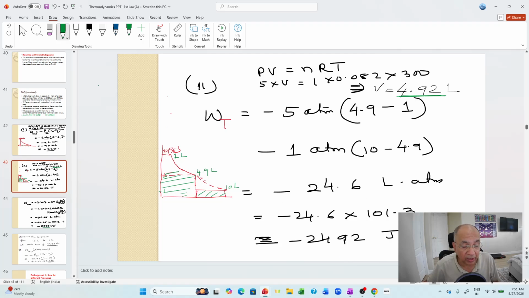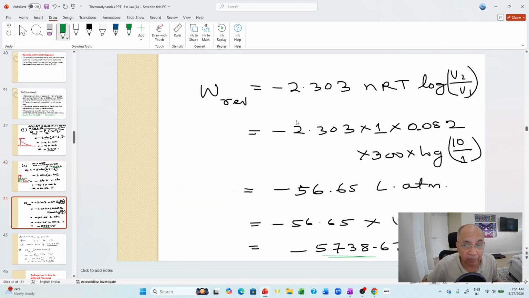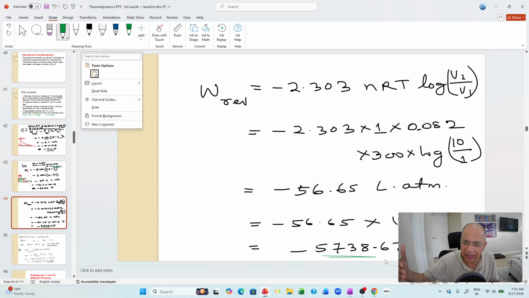It was 2492. But look at the case of minus 2.303 nRT log V2 by V1, we find it is incredibly large, 5738.6. So our interest is to see how close our process is to this ideal value. This we cannot reach. This is studied by all the technologists and others who are handling heat and work; they set their target. Our target is this.